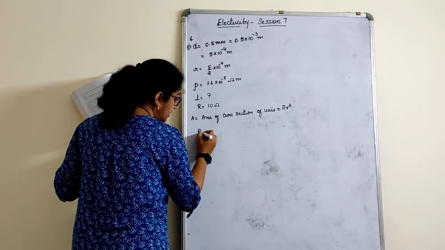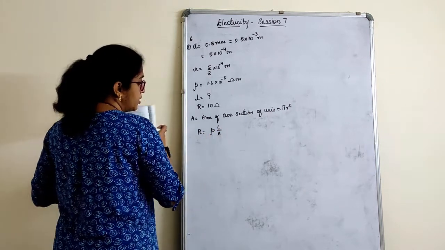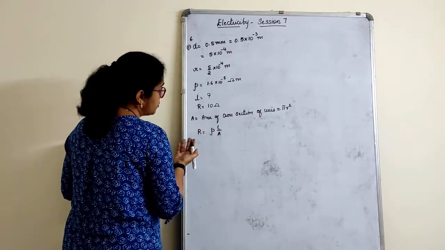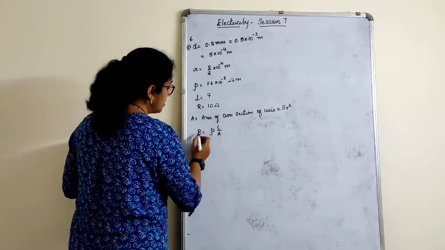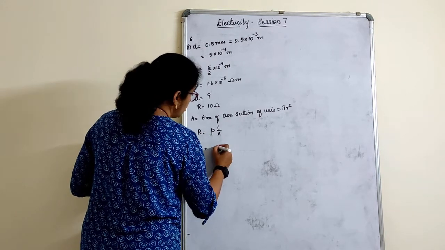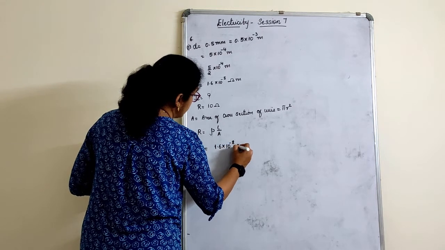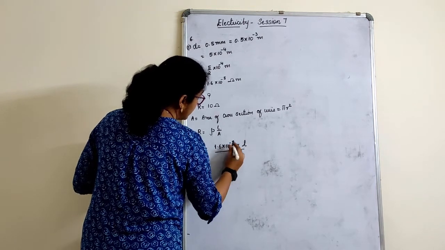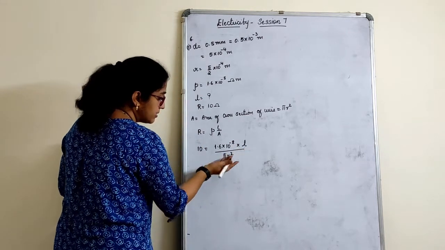Formula: resistance is equal to rho L by A. Now length we have to find. First let us put the values. Resistance is 10. Rho is 1.6 into 10 raised to minus 8 into L divided by pi r square. Keep this L as it is.